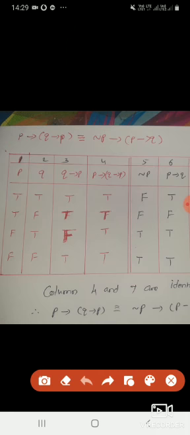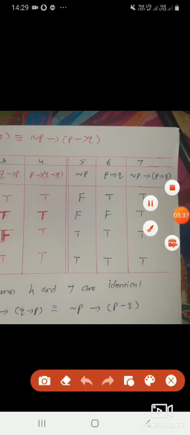What values do we have to find on the right hand side? We have to find negation of P. First we should know negation of P. P is true, true, false, false; its negation will be false, false, true, true.